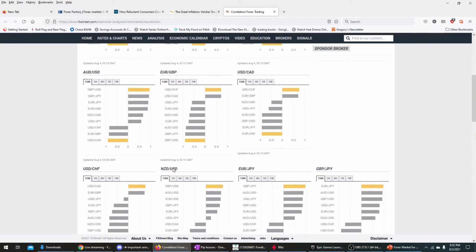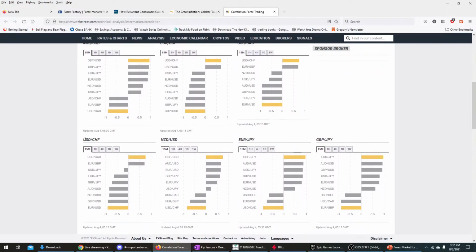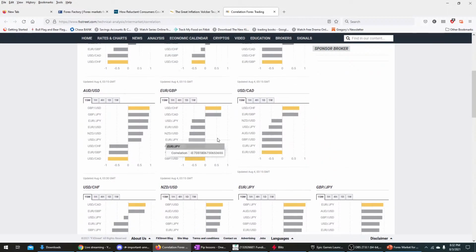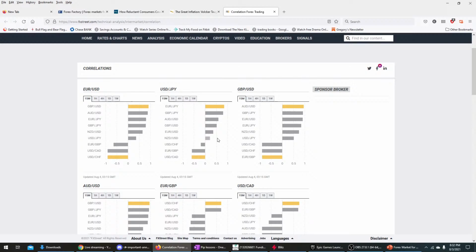These are all the major pairs. If you go to US dollar Swiss, we see that the dollar and CAD are more correlated than these other pairs. These are just correlations on a -1 to 1 scale. Like I was talking about earlier, if you trade one pair, it's more advisable to look at what you're trading so you don't trade the same thing that's reacting to each other.